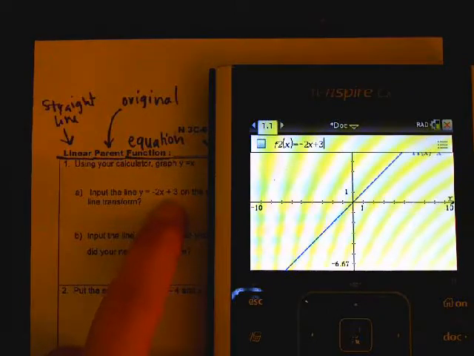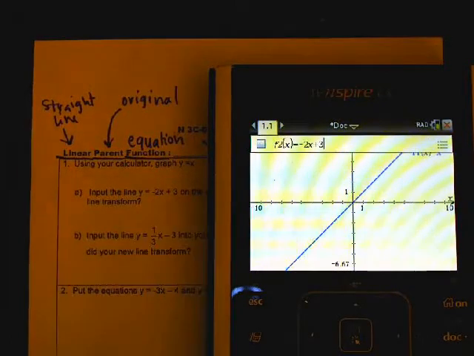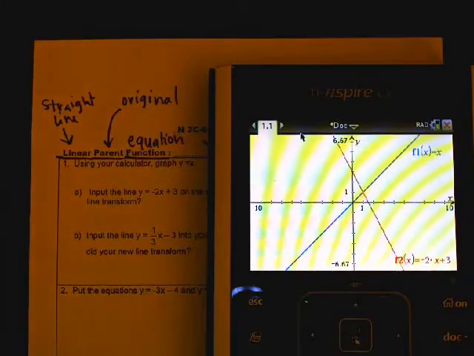So I hit tab, and then I plugged in negative 2x plus 3. You with me? Did you get it? Okay, hit enter. Okay, so your calculator should look like this. They cross over at 1, 1. Look at the calculator on there.